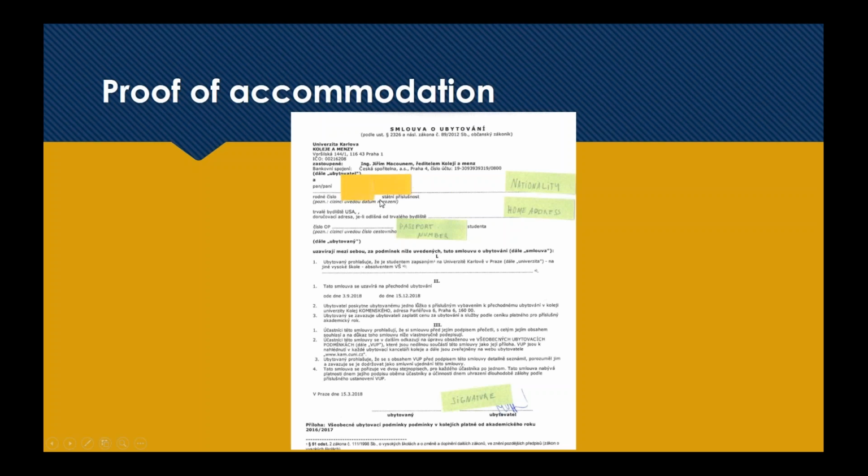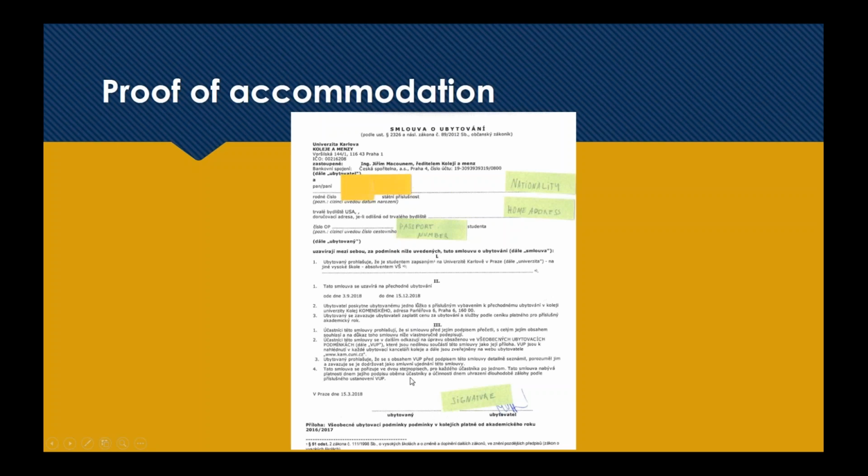That's your nationality. And then on this line here where it says home address, you'll put your home address. And on this line after OP, you'll put your passport number. And then at the bottom on this line here to the left of the signature Post-it, you'll sign.